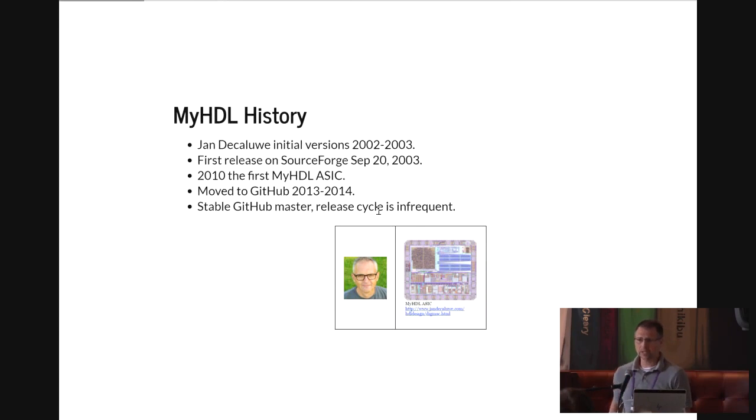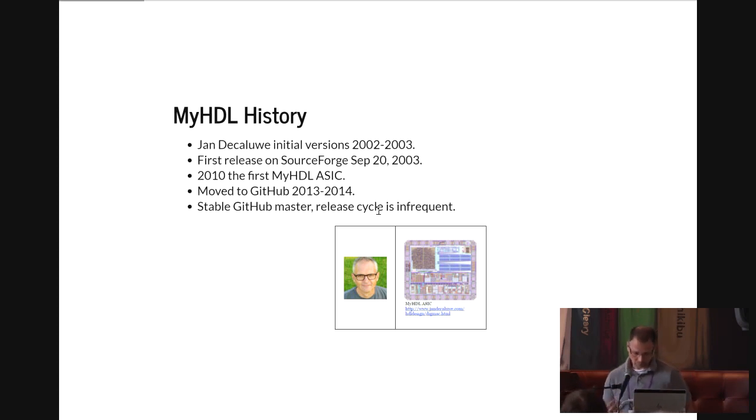As for history, this project's been around for a long time. The initial release was in 2003. It moved to GitHub, and the first ASIC was developed with it around 2010. I started in the project around 2005 or 2006, first as just a user, then slowly getting more involved.